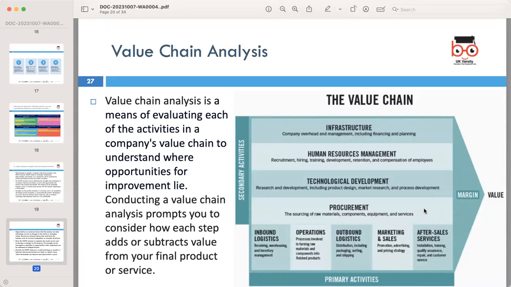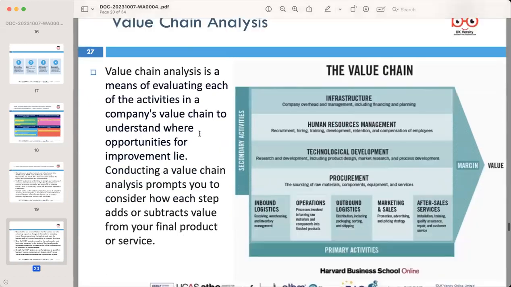It is a means of evaluating each of the activities in a company's value chain to understand where opportunities for improvement lie. Conducting a value chain analysis prompts you to consider how each step adds or subtracts value from your final products or services.